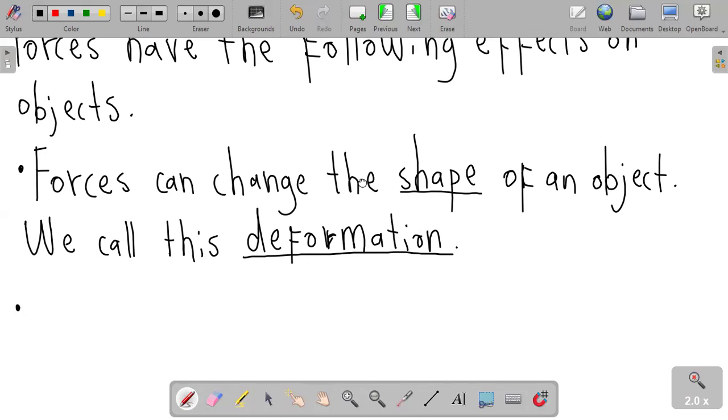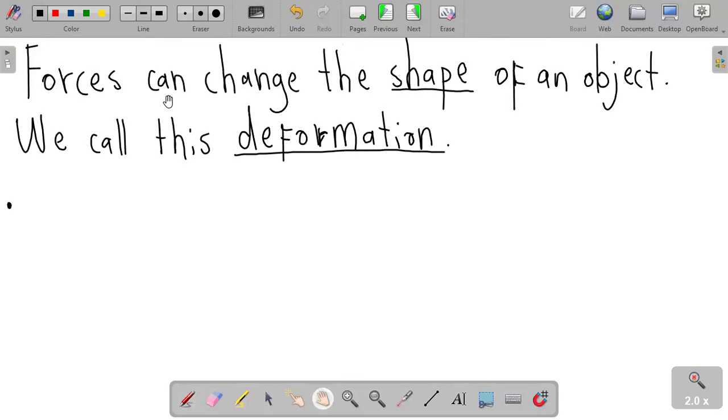And the second effect. Okay. The second effect we said is motion.